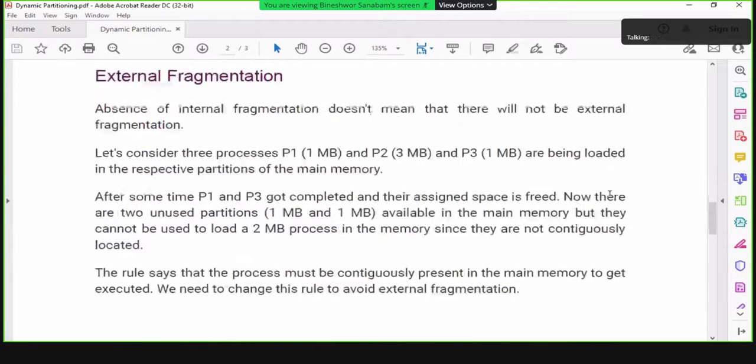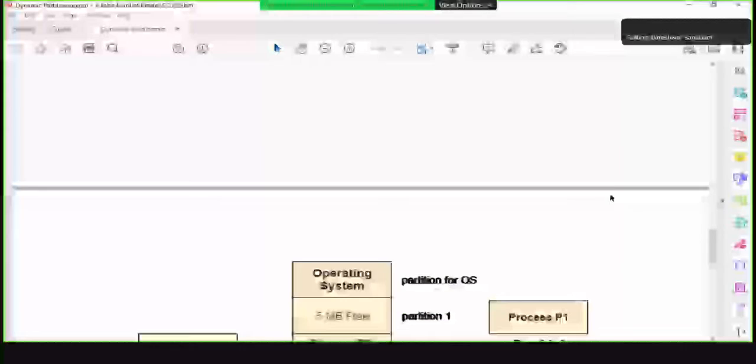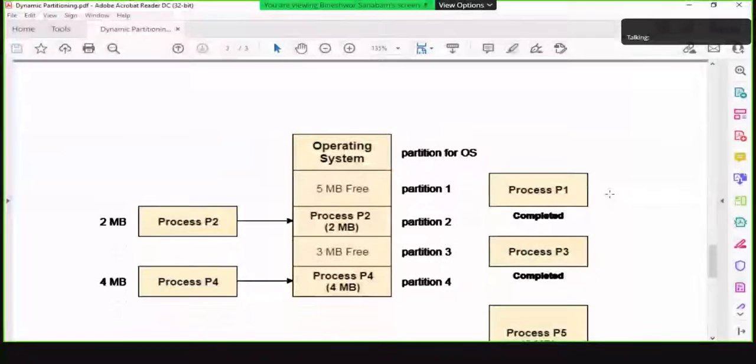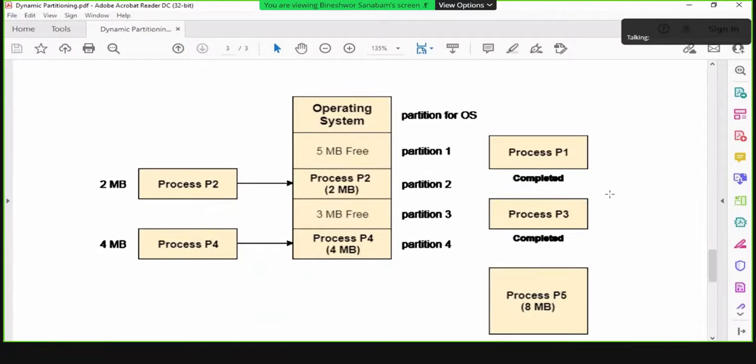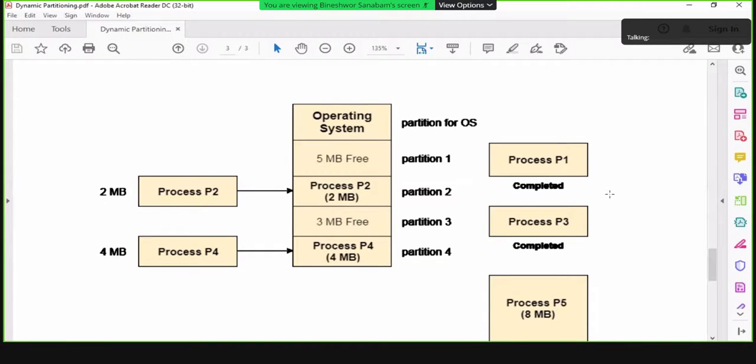So let's see the scenario. I think there must be a diagram. Okay, this is the same diagram that we saw before, where we have four processes.